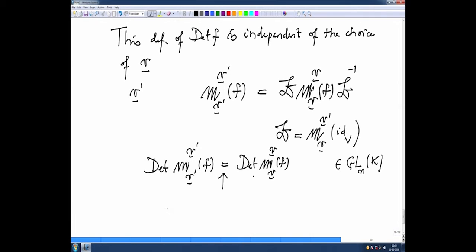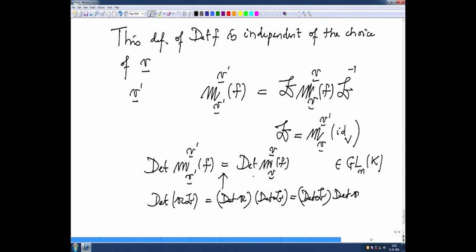For this equality, we have used determinant of AB equal to determinant of A times determinant of B, and this is also then equal to determinant of B times determinant of A, because it is a field. So, I can multiply in either way. So, this is determinant of BA. So, determinant AB is determinant BA. Therefore, when B inverse gets cancelled, you get this.